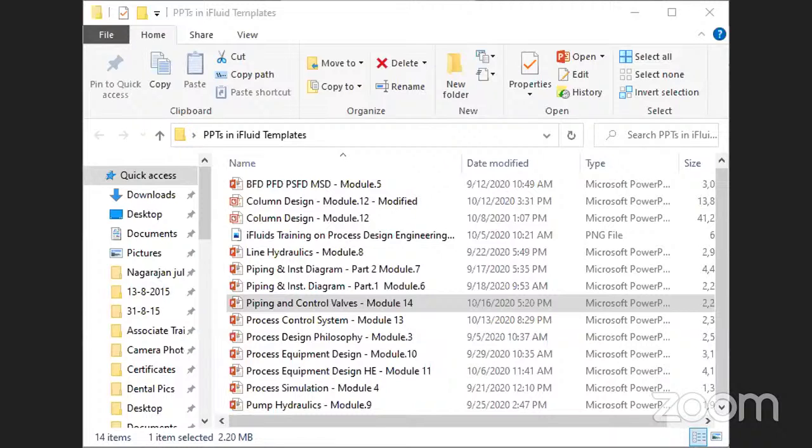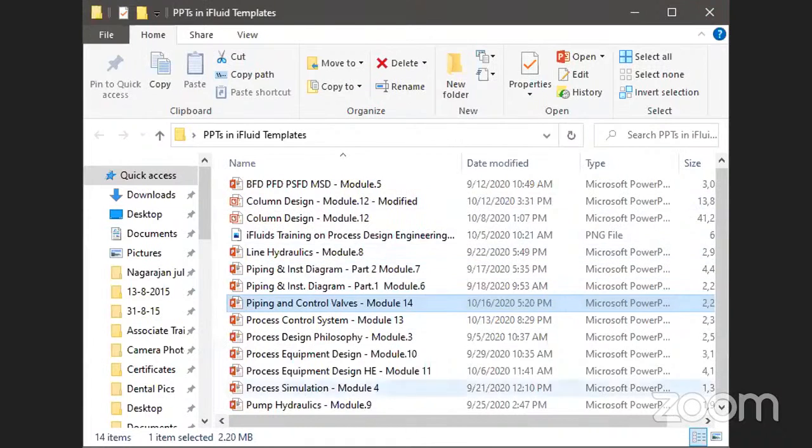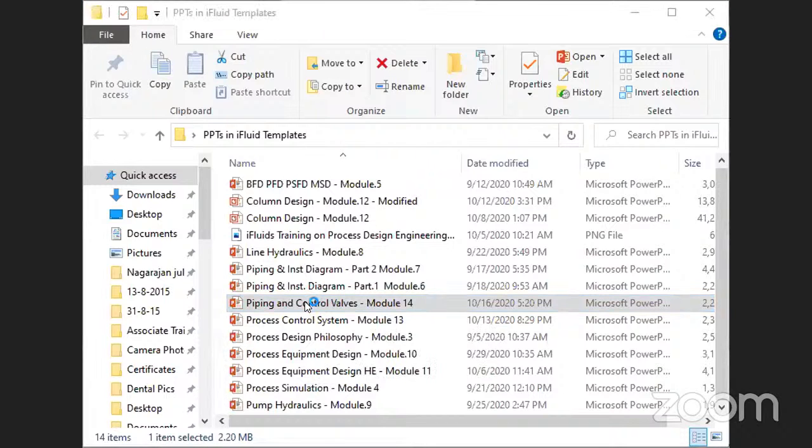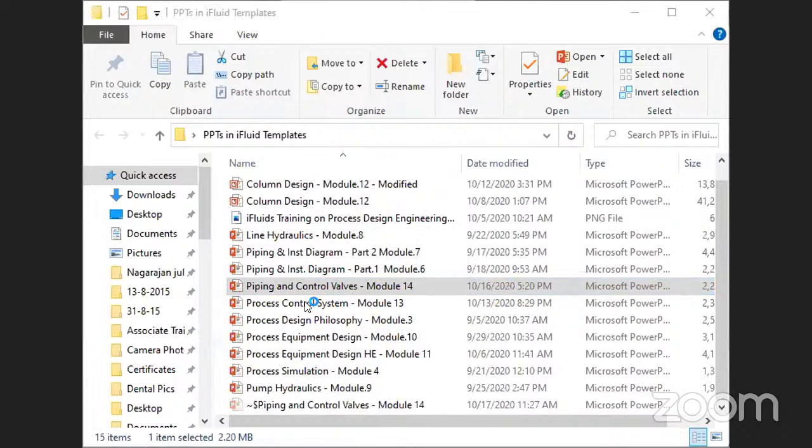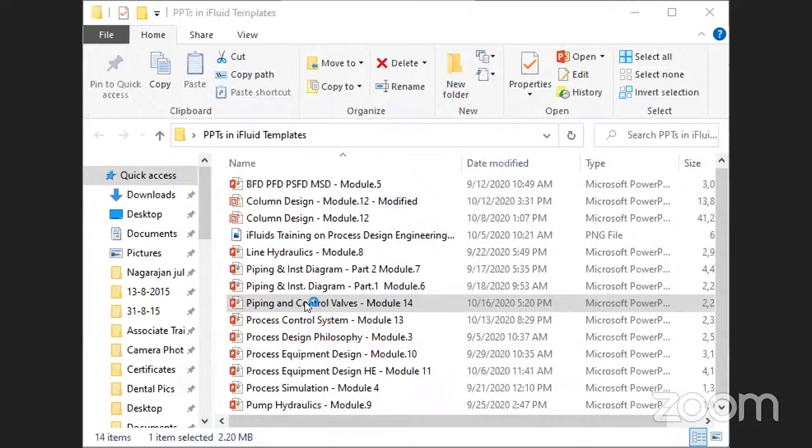Share screen. Now it is showing your module 14. You have to share the whole screen.